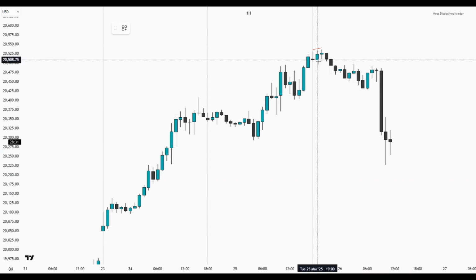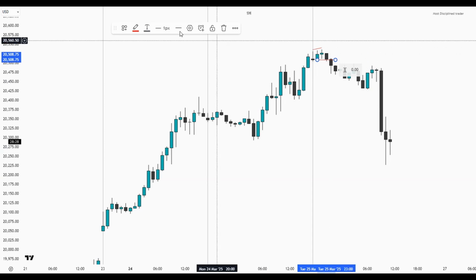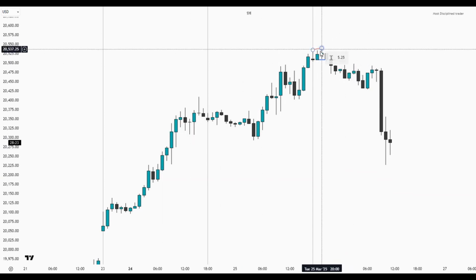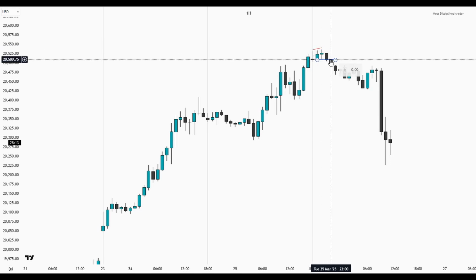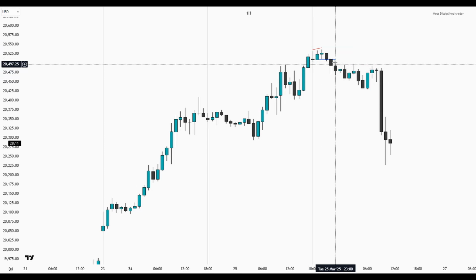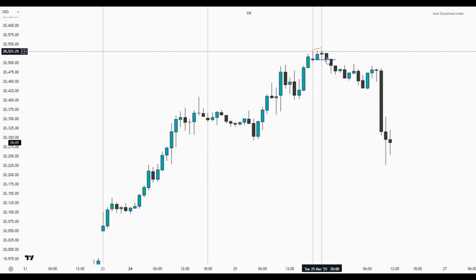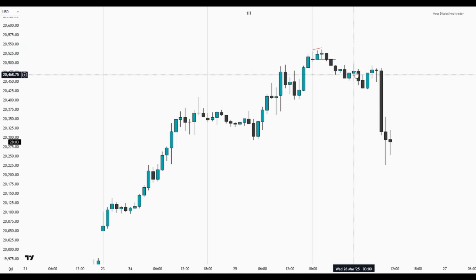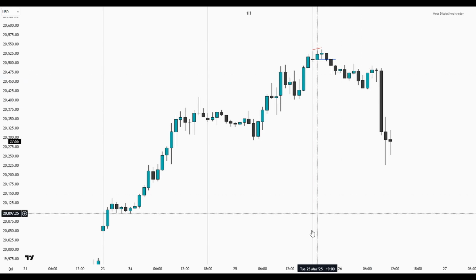So what else do we have? Change in delivery right here. Okay, this can be an idea to confirm this high being in fact the high of the day or the reversal. So what I'm going to look for is another close below a series of bullish candles so I can confirm that potential reversal. So we have here at 3 o'clock, price trades down, closes below the series of up-close candles.